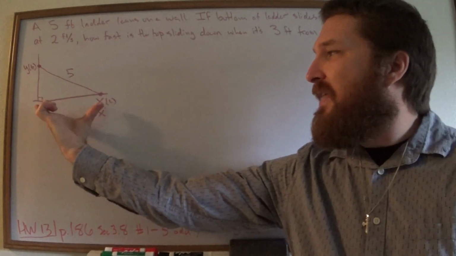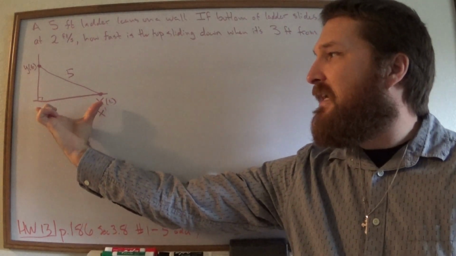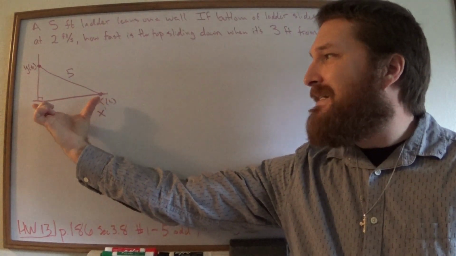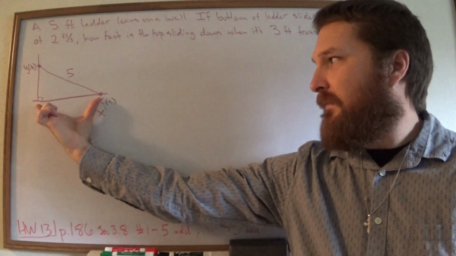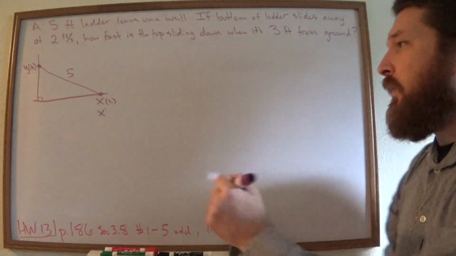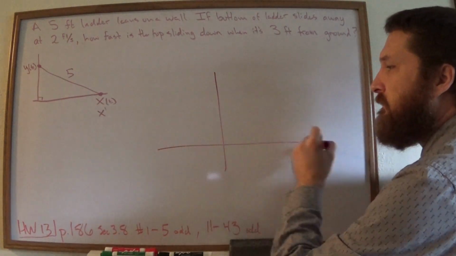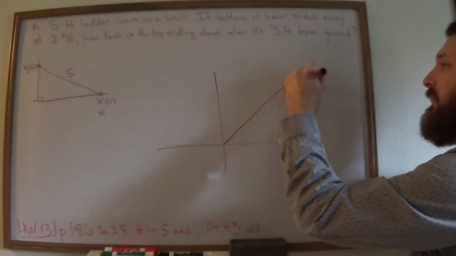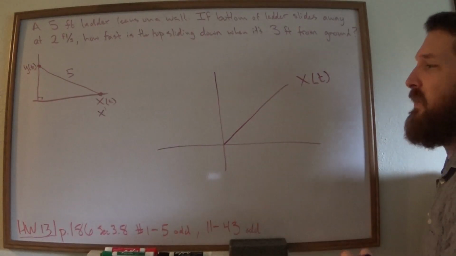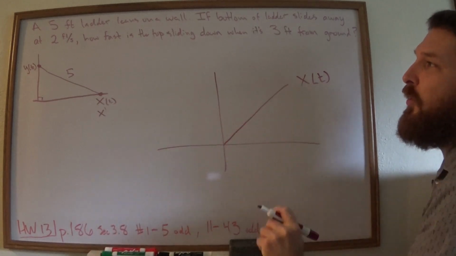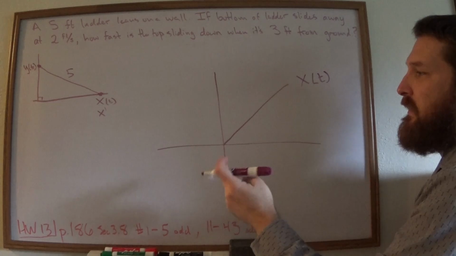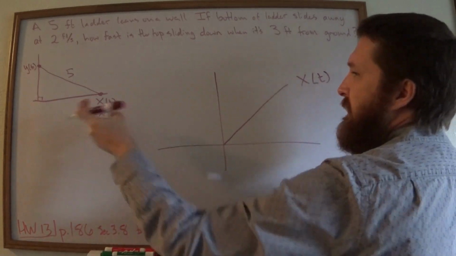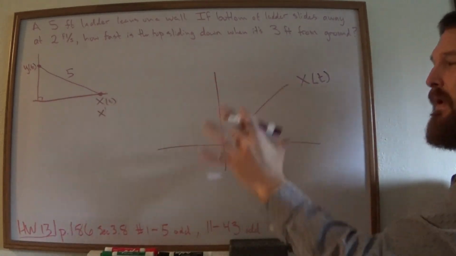Whatever the value of X is, that distance right there, it's going to be the number of feet at any given time. If X is moving at 2 feet per second, your X function is going to look something like this. It'll have a slope of 2. We don't need this, but I'm just thinking about it.